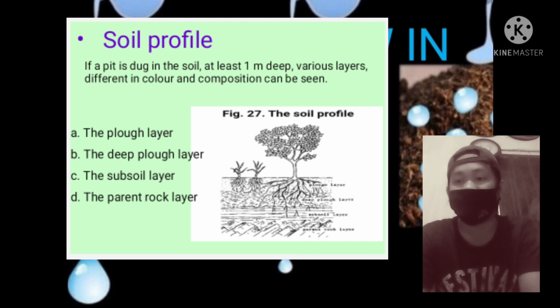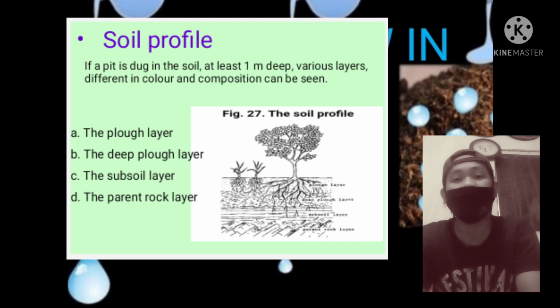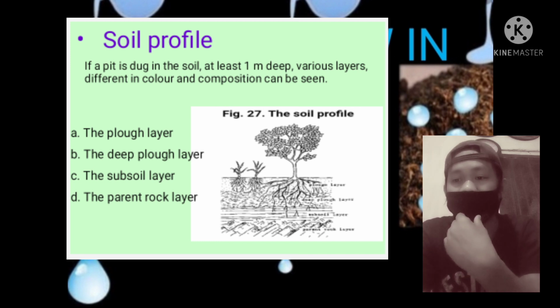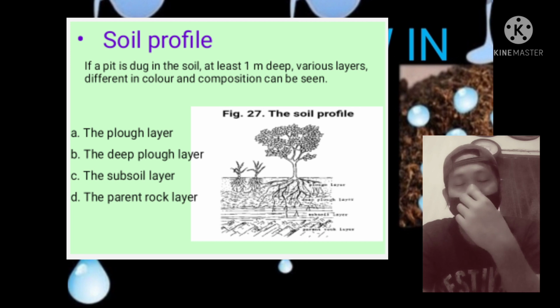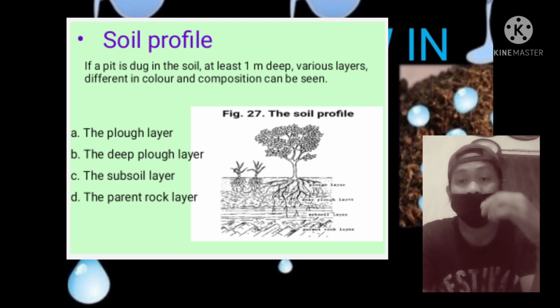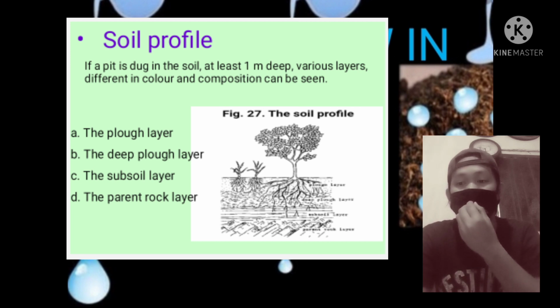This layer is hardly affected by normal land preparation activities. This layer is not very important for plant growth, only few roots will reach it. The subsoil layer is not very important because only a few roots reach it.